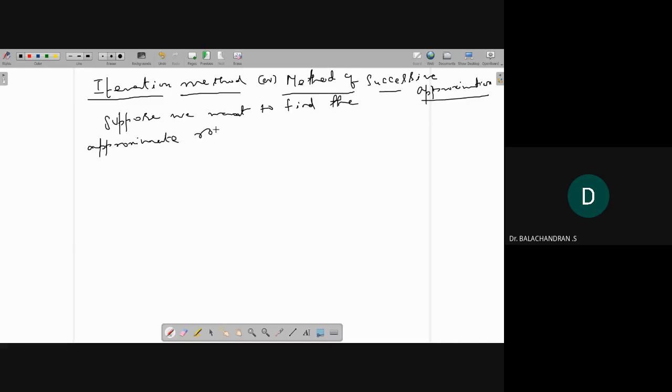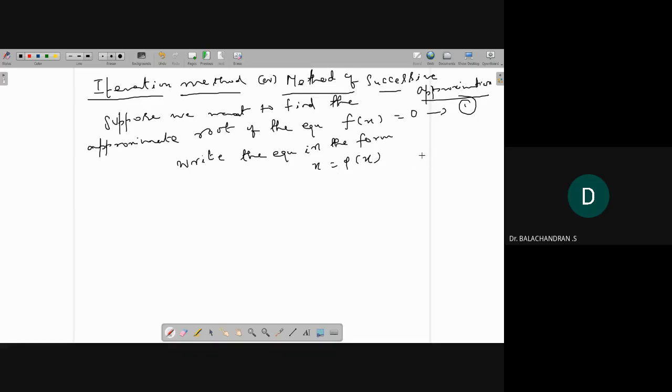This is equation 1. So write the equation in the form x is equal to some function phi of x.